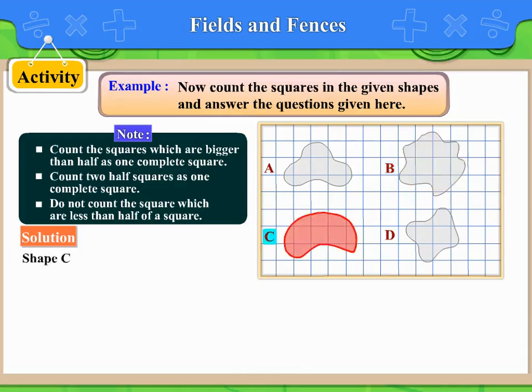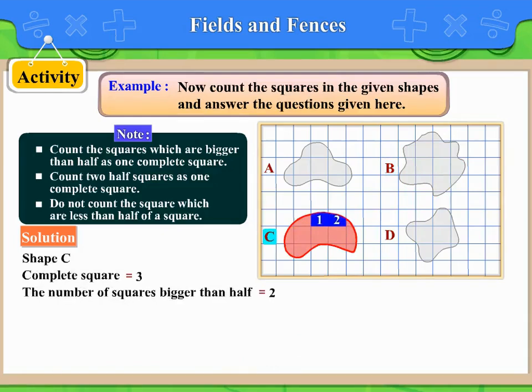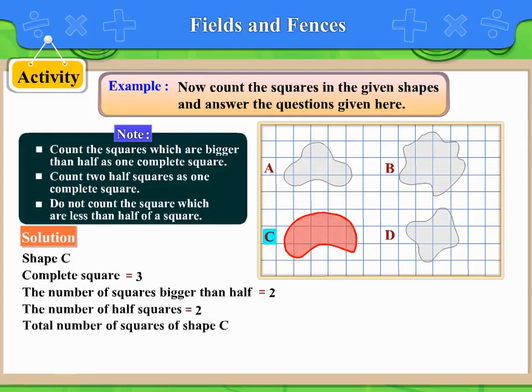In shape C, there are 3 complete squares. The number of squares bigger than half is 2 and the number of half squares is 2. Thus, the total number of squares in shape C is 3 plus 2 plus 2 into 1 upon 2, which is equal to 3 plus 2 plus 1, equal to 6.